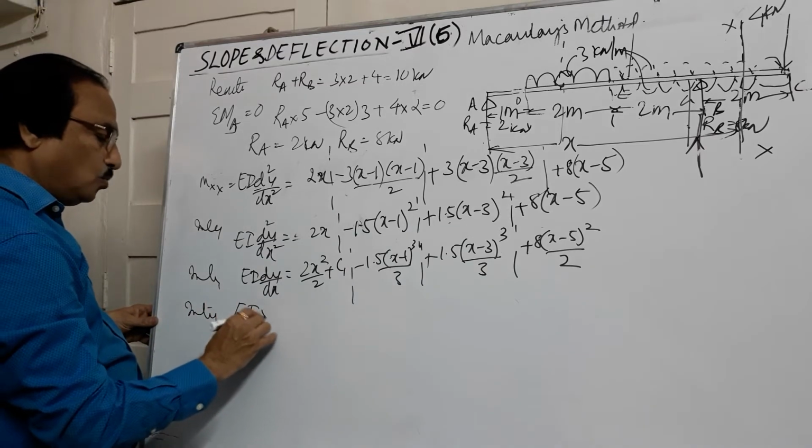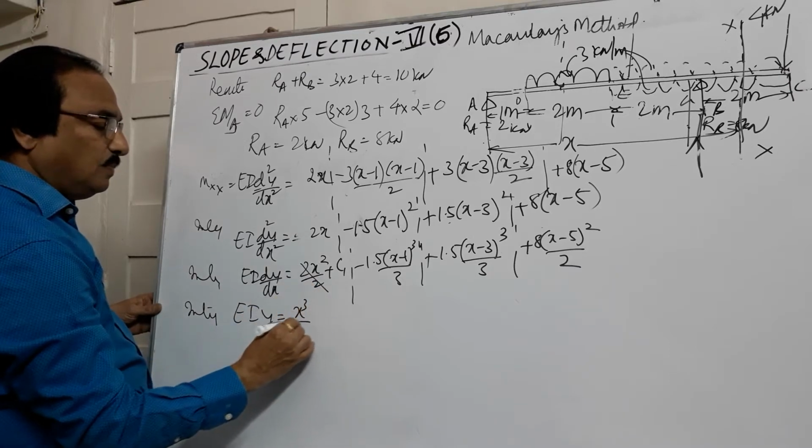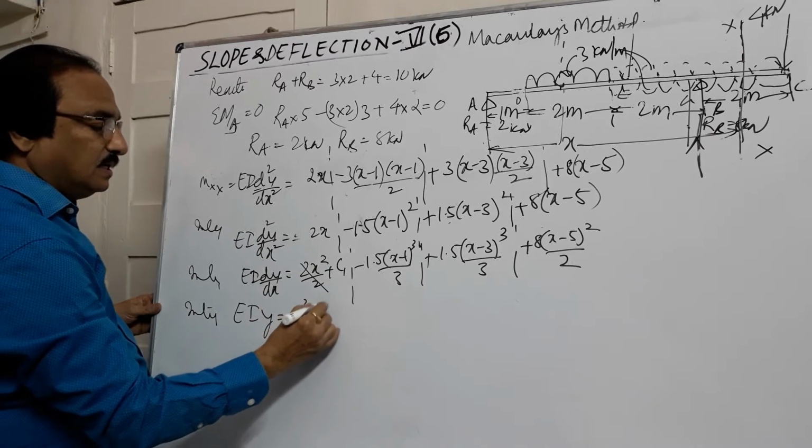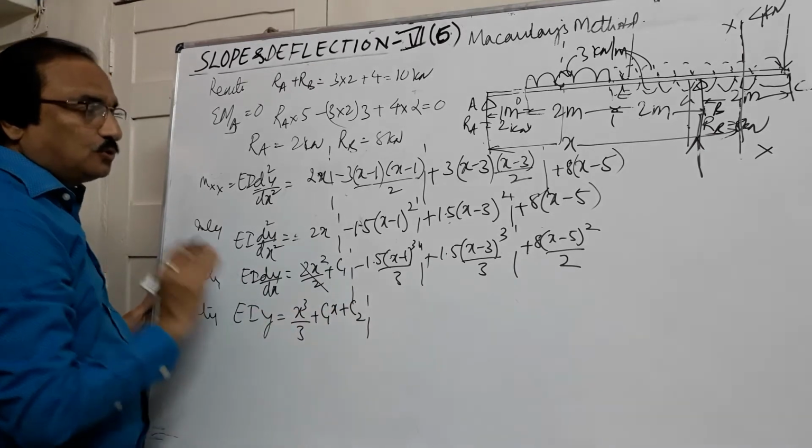EI into y will be equal to, 2 gets cancelled, so this will be x cube by 3 plus C1x plus C2, another constant in the first portion only.